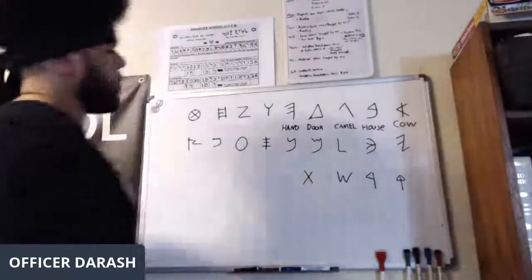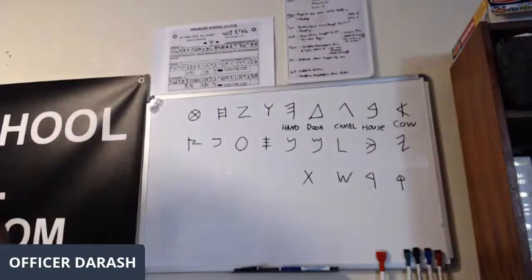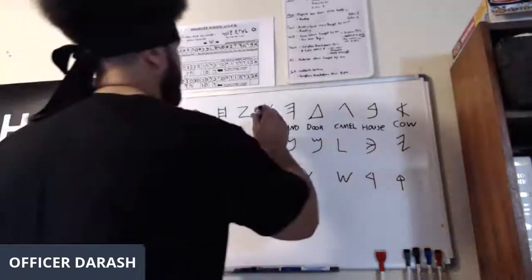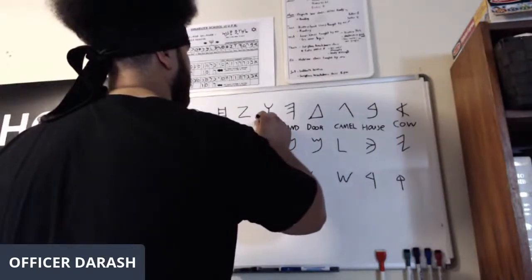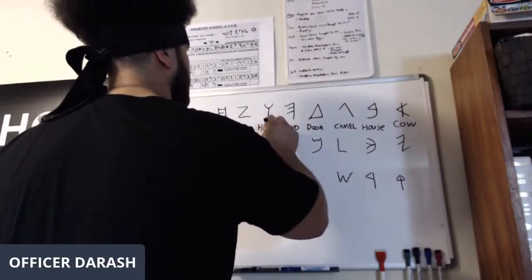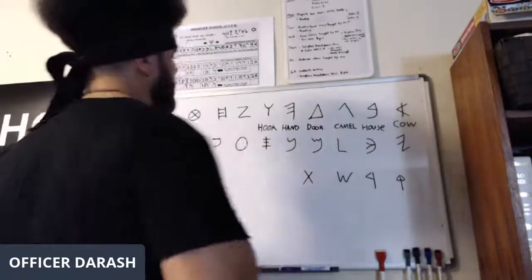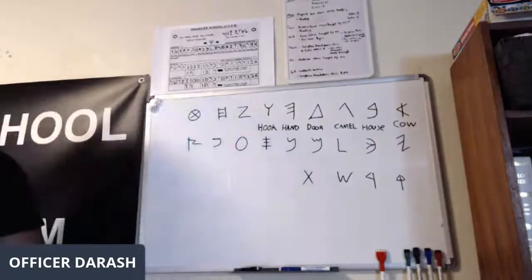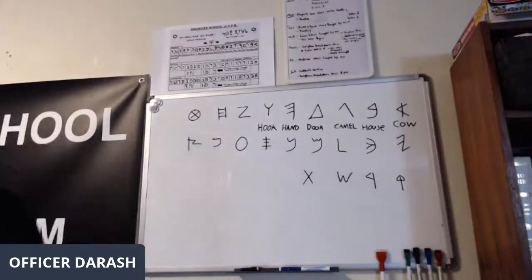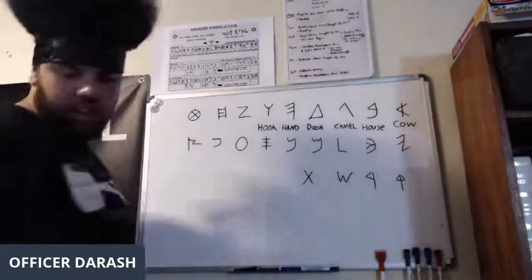Next one, the wa makes the wa. That means hook. All right, next, zayan.